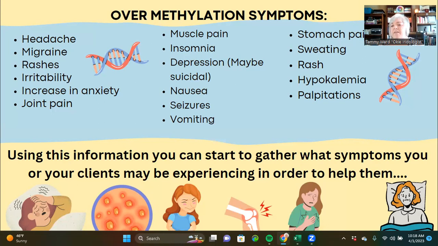Check off if any of these are some of your symptoms. If they are, chances are you're probably dealing with this. And if it's not this, it could be detoxification pathway issues. It can also be leaky gut issues.